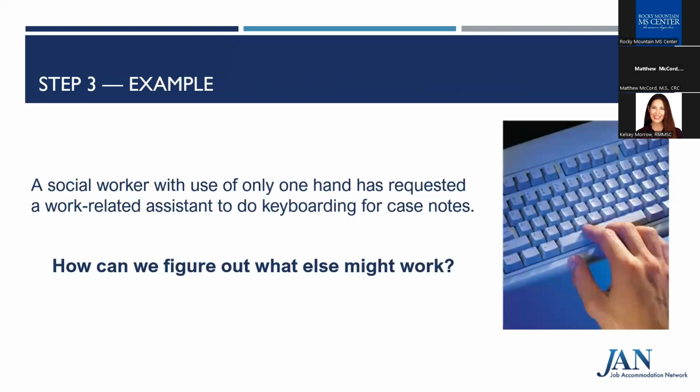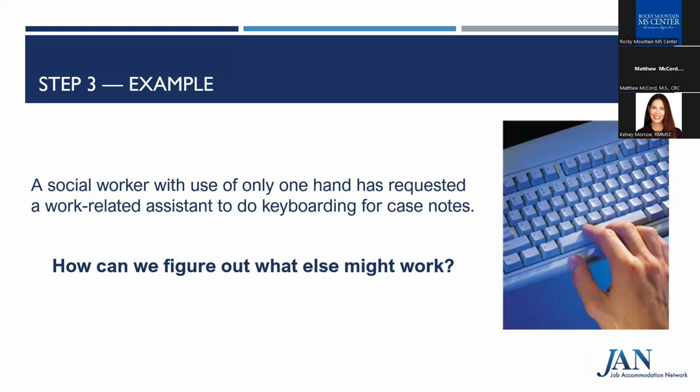As an example to illustrate step 3, we have a social worker with use of only one hand who has requested a work-related assistant do all of her keyboarding and case notes for her. Sometimes work-related aids and assistants are appropriate, sometimes they aren't. Just because this is the accommodation that the individual requested doesn't mean that that is the accommodation that the employer must provide.